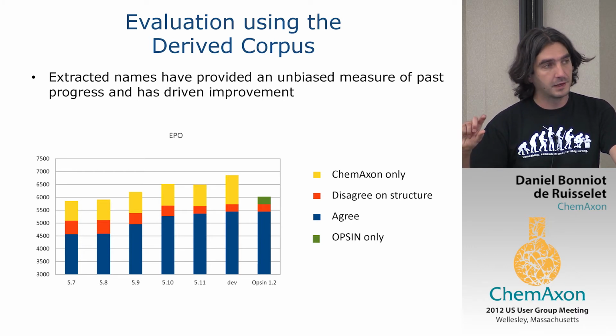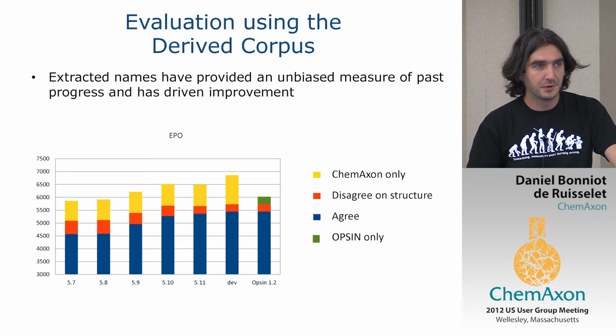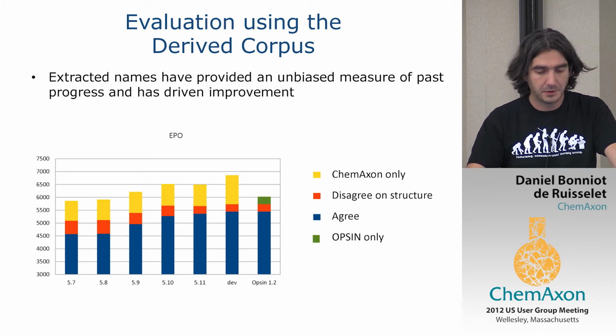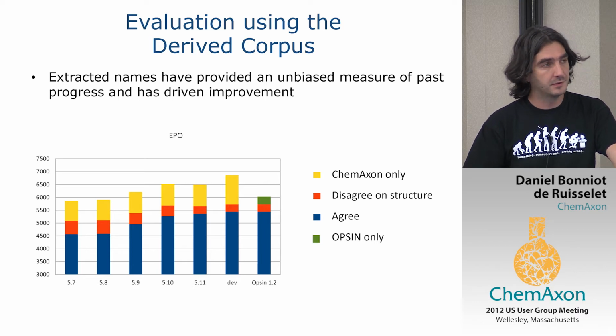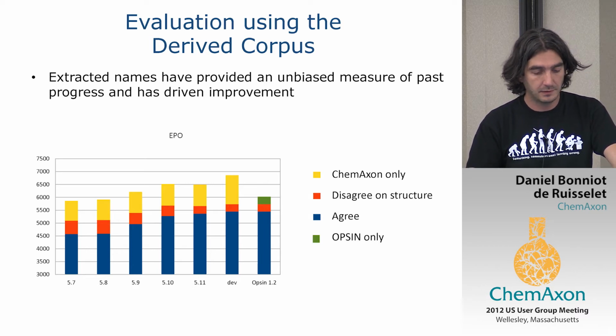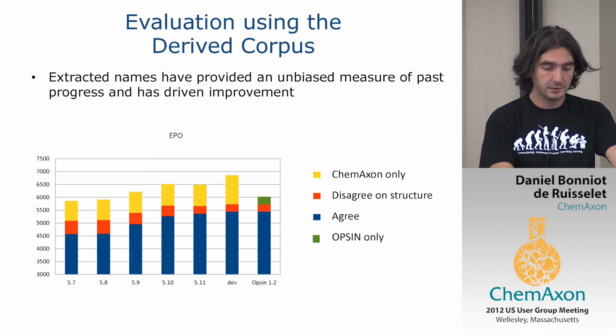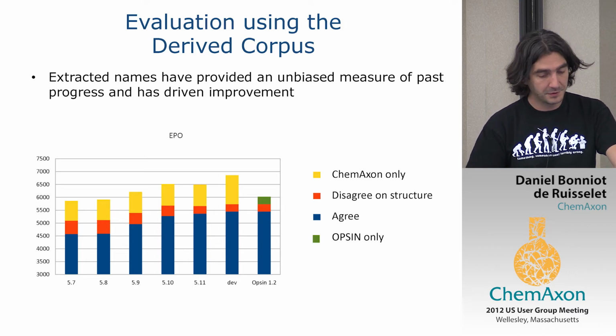In red, you have cases where we generate a structure which is not the same as OPSIN, so potentially one of them is wrong, or maybe both are wrong. And in yellow, you have cases where we generated something and OPSIN didn't generate any structure. So here you can see quite clearly that things are getting better.